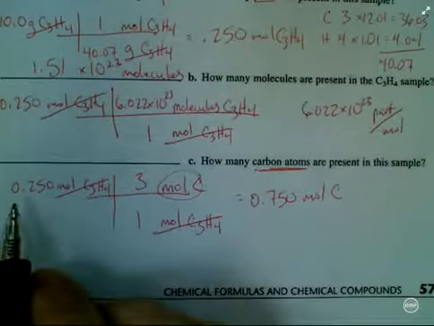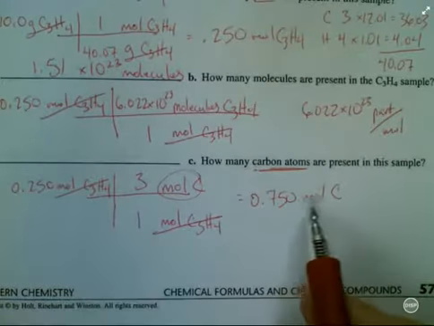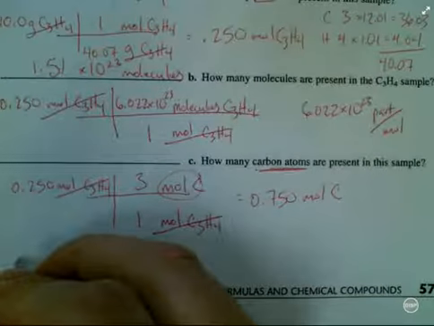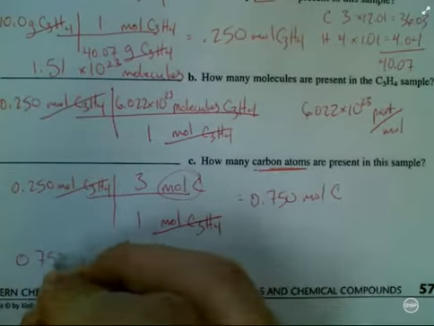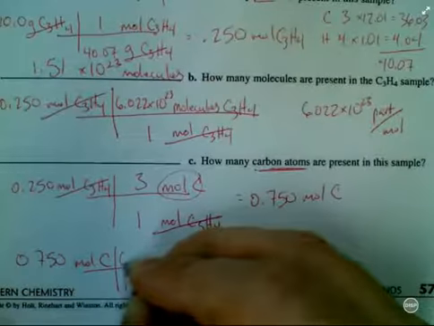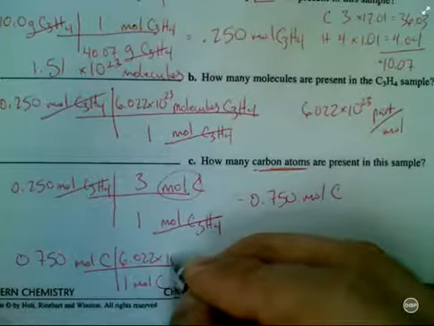For every 0.25 moles of this substance, I have 0.75 moles of carbon. And so I'll take that 0.75 moles of carbon, and I will use Avogadro's number to convert into atoms.